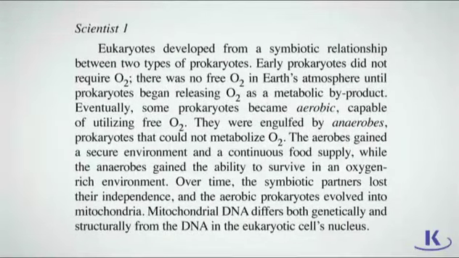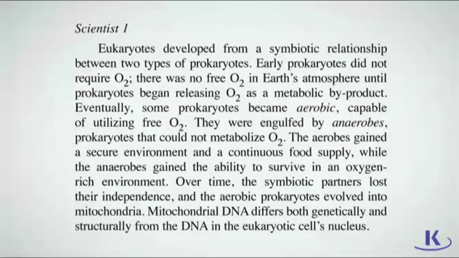Scientist 1. Eukaryotes developed from a symbiotic relationship between 2 types of prokaryotes. Early prokaryotes did not require oxygen. There was no free oxygen in Earth's atmosphere until prokaryotes began releasing oxygen as a metabolic byproduct. Eventually, some prokaryotes became aerobic, capable of utilizing free oxygen. They were engulfed by anaerobes, prokaryotes that could not metabolize oxygen.